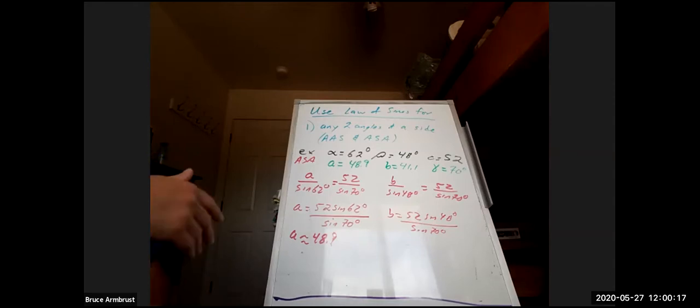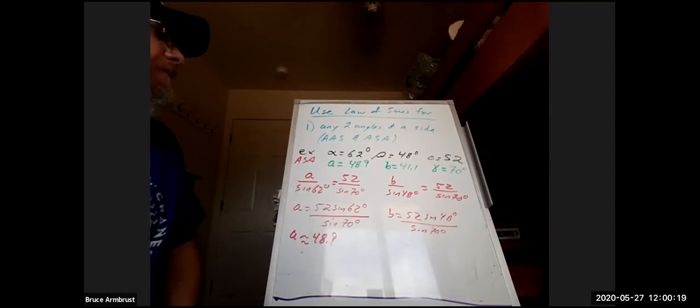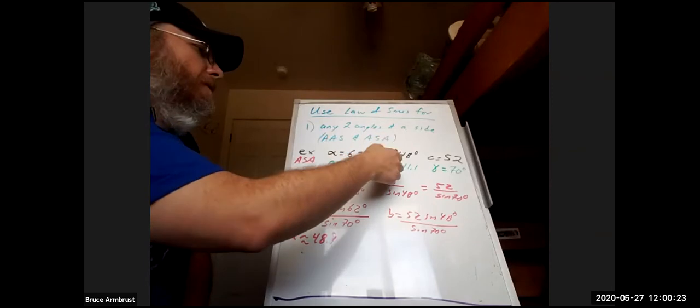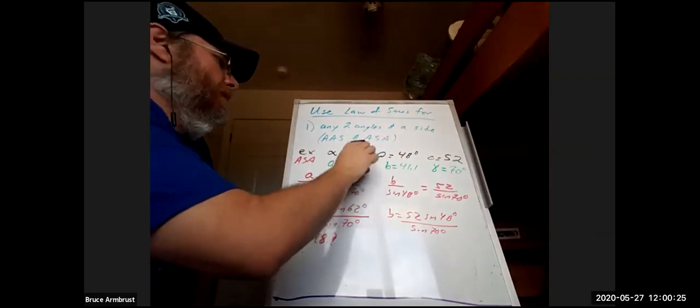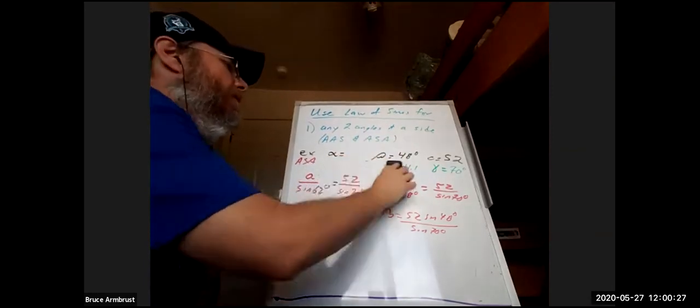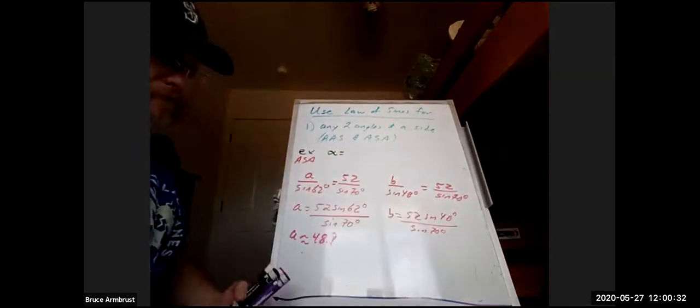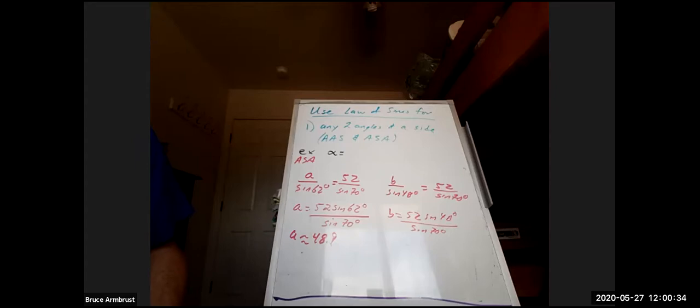Because what if, let me just change this a little bit. What if I told you A is 62 degrees? Well, no, let me give you new numbers. Otherwise, it may not actually work out.